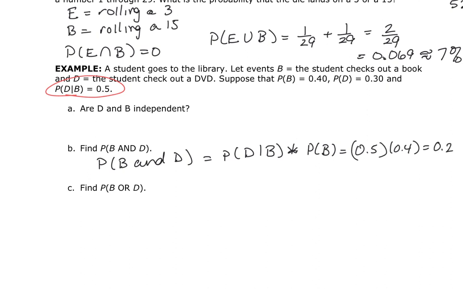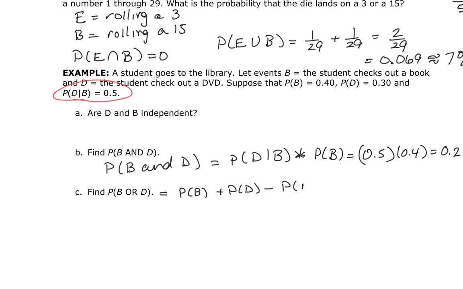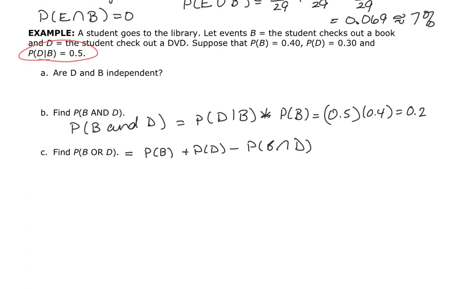That means I can now do B or D. So the probability of B or D is the probability of B happening plus the probability of D happening minus the intersection of B and D, or in other words, with the AND symbol. So this is going to be 0.4 plus 0.3 minus 0.2, which gives me 0.5. In other words, about a 50% chance of them picking up a book or a DVD.